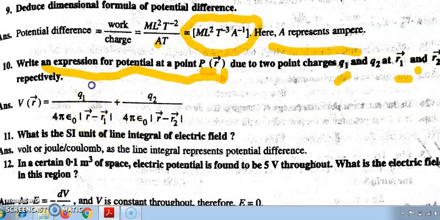So this is the expression of potential due to Q1, and similarly you can write the potential due to Q2. The same thing.